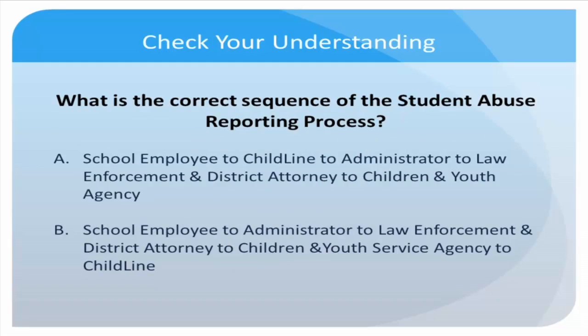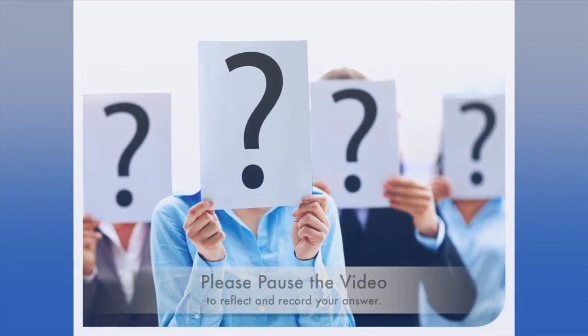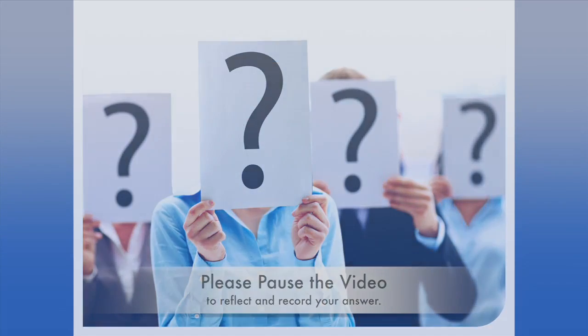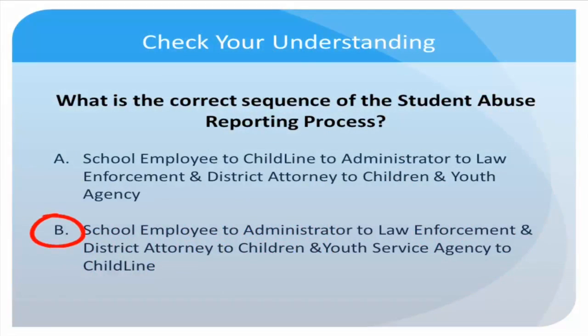Is it A, school employee to Childline, to administrator, to law enforcement and district attorney, to children and youth agency? Or B, school employee to administrator, to law enforcement and district attorney, to children and youth service agency, to Childline? The answer is B.